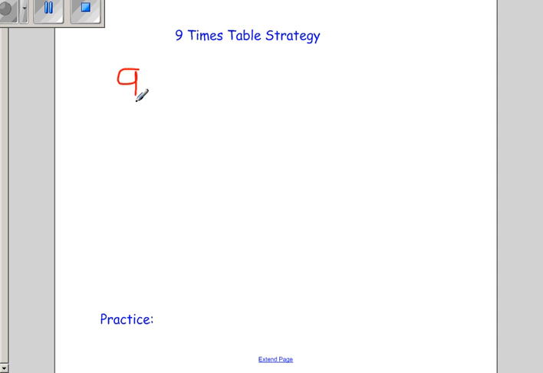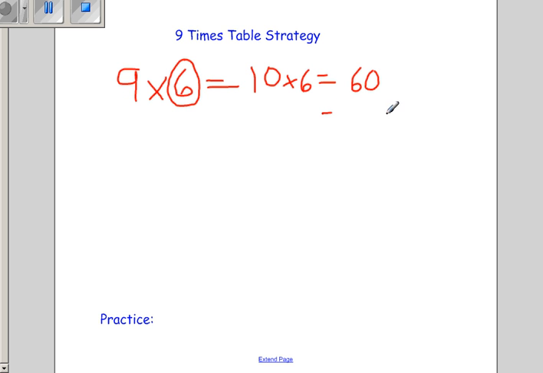9 times 6. Okay? So what the problem says to do is multiply the other number, 6, by 10. So 10 times 6 is what? 6 times 10, 60. And then it says take this number that you work with and subtract it from your answer.